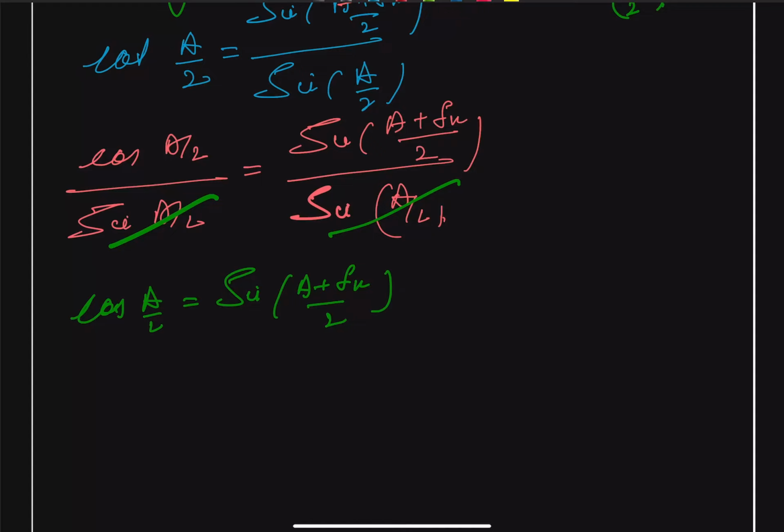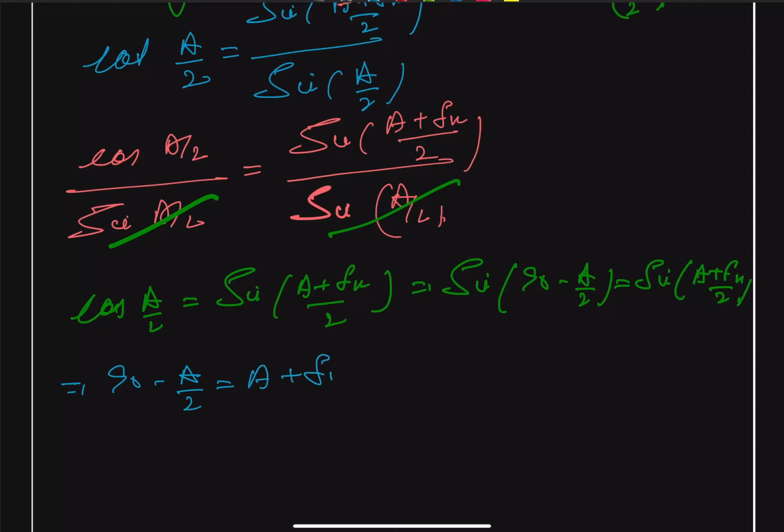And this cos A by 2, we can write it as sine of 90 minus A by 2. So sine of (90 minus A by 2) is equal to sine of (A plus delta m) by 2. This gives us that 90 minus A by 2 is equal to (A plus delta m) divided by 2.